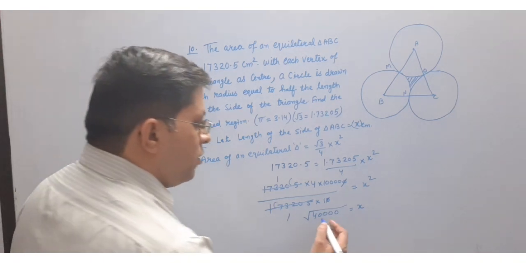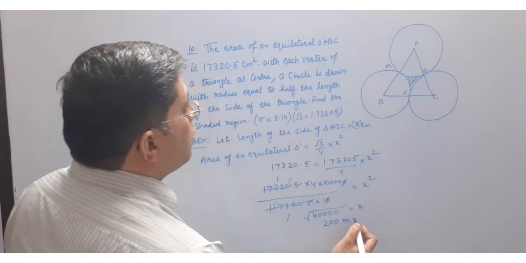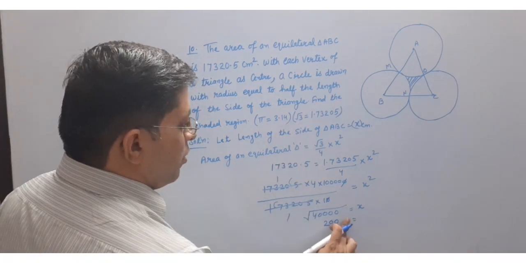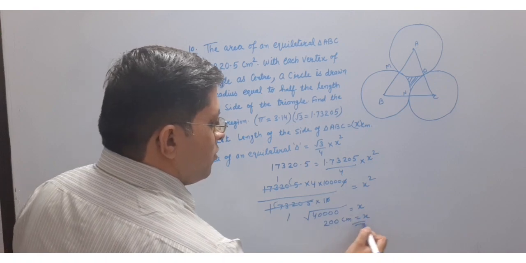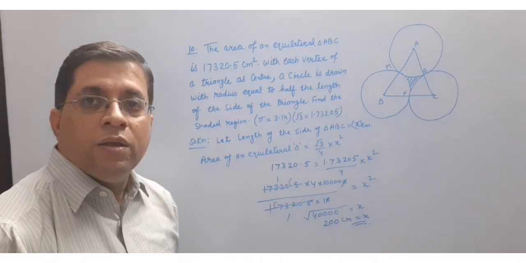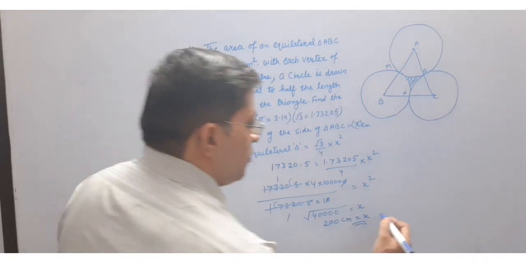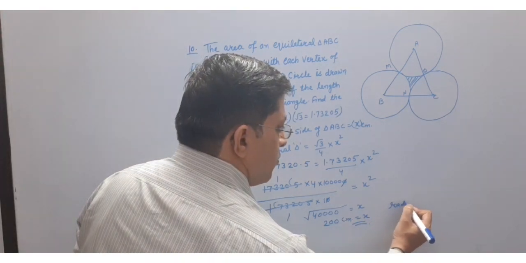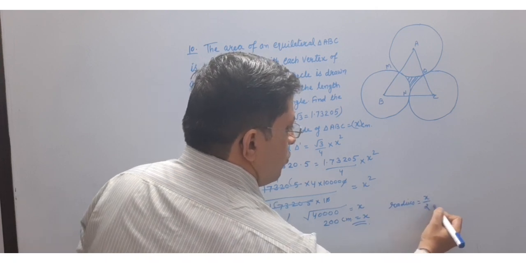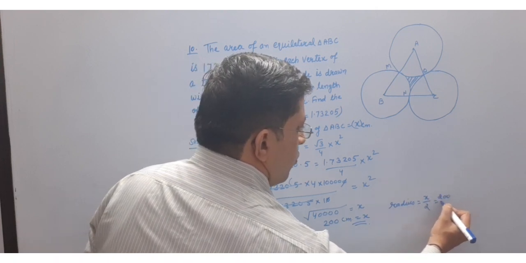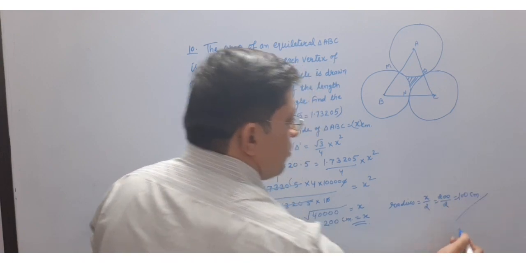Then this is 200 centimeter, that is x. Okay, side of triangle is x. Then what will be the radius? That is x upon 2, that is 200 upon 2, 100 centimeter.